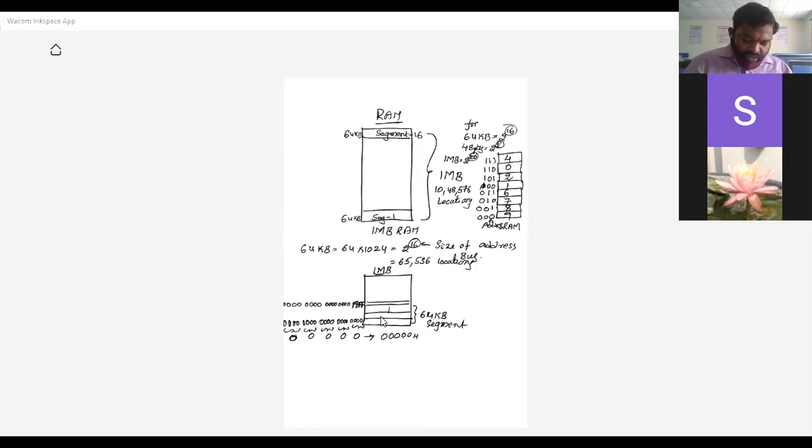The last one is all 1s, 1111, 1111. When you convert the same thing into hexadecimal, 0 FFFF is the last address, the last memory location.